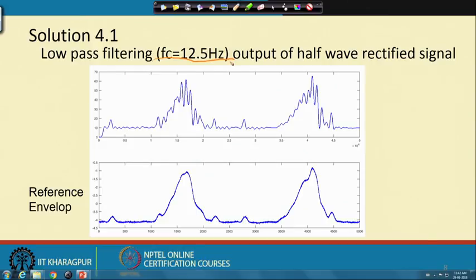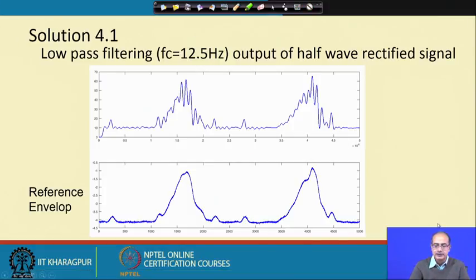Now, as we are increasing the cutoff frequency, the rise in the envelope, this part, is following the reference envelope more closely. The movement is faster, but the ripple is increasing. So that is what we notice.